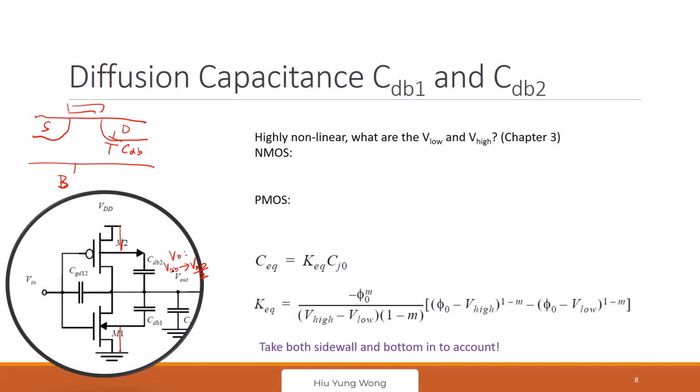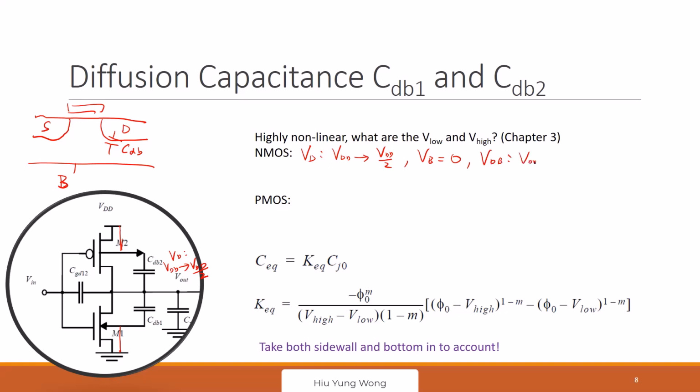The drain goes from VDD to VDD divided by 2, and V body is 0, right? So VDB goes from what to what?